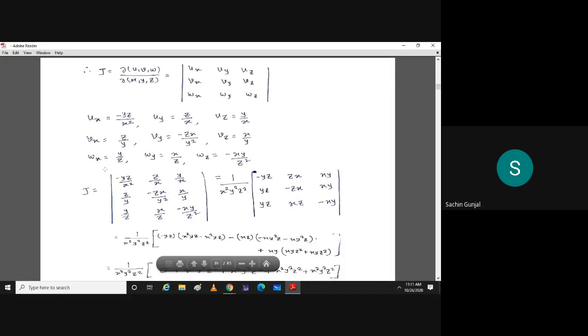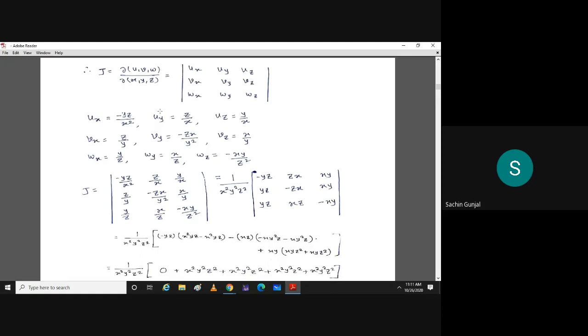Then by definition of the Jacobian of u, v, w with respect to x, y, z, the first row is differentiation of u with respect to x, y, z. Then second, v with respect to x, y, z. And the third row is w with respect to x, y, z.